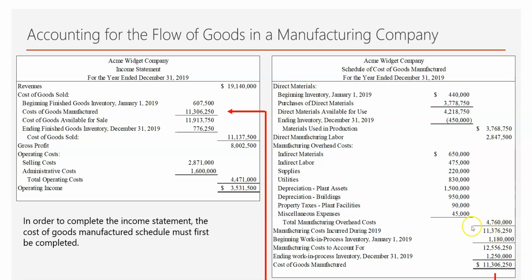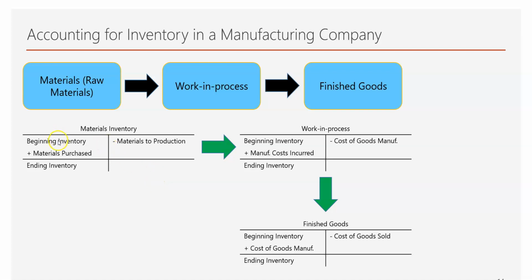I'm going to get manufacturing costs incurred during the period. So I'm going to analyze my direct materials T account to figure out how much I used in production. Take my beginning inventory and add together my purchases, subtract out my ending inventory, and that gives me my materials used. So this would be materials used on the schedule of cost of goods manufactured.